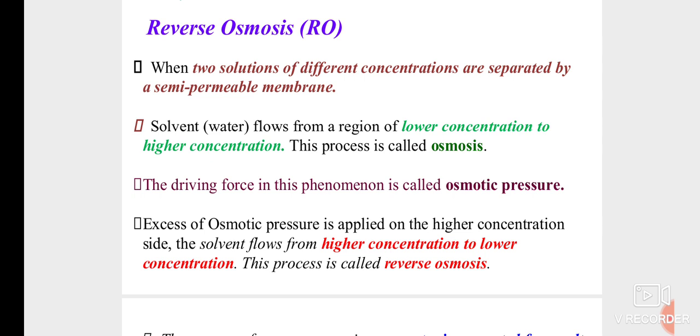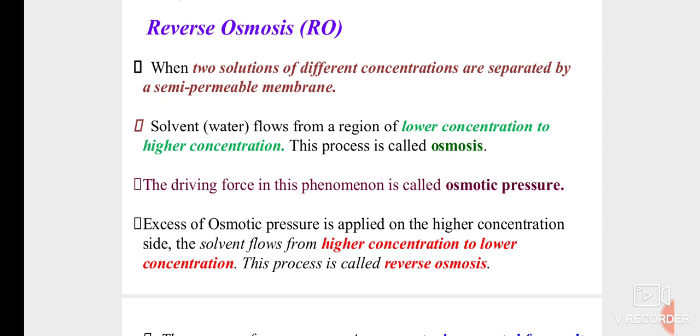So concentration means the amount of salt present in the solvent or water. Generally the water or solvent flows from the lower concentration side to the higher concentration side, and that is called osmosis. Okay, now you have to understand osmosis: low concentration to high concentration is osmosis.